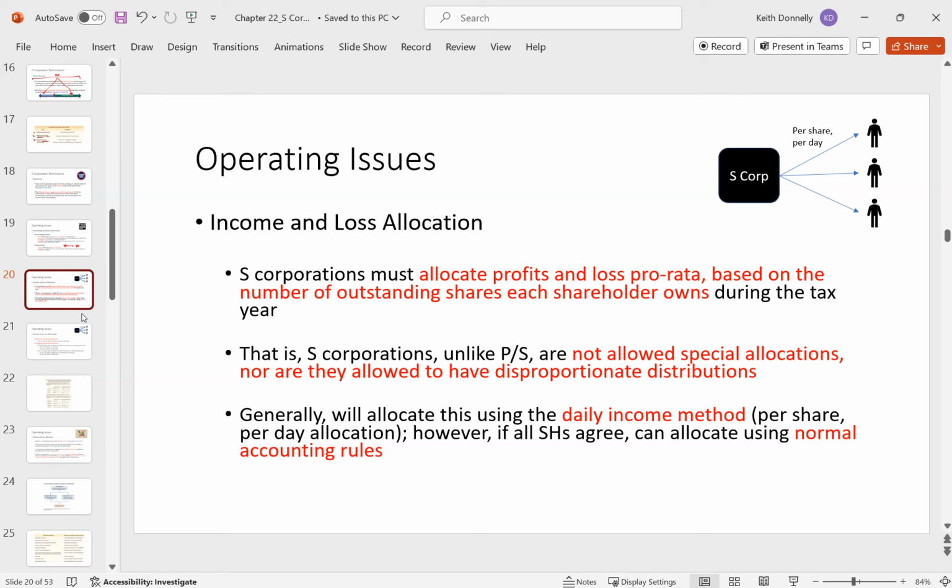Okay, so let's talk a little bit about income and loss allocation here. The idea is that whenever you have an S Corp, they do not allow special allocations.